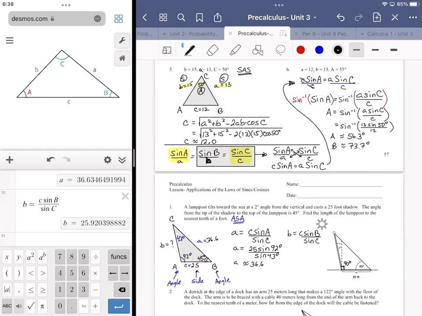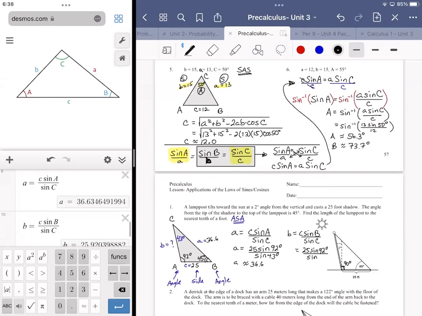All right. So you just pop in your information, 25 sine 92 over sine of, let's double check here.